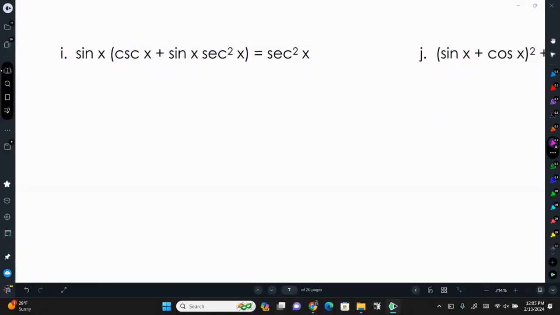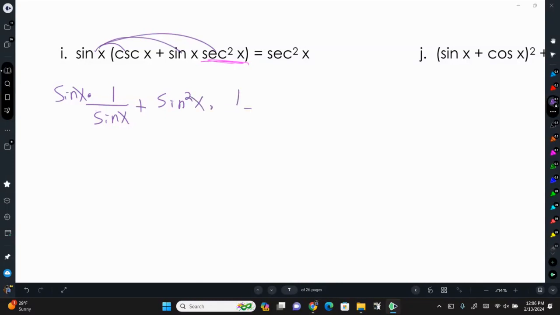All right, letter I. This one, the left side is more complicated, and I noticed that I need to get secant squared. And secant squared is already right here. I know that cosecant is 1 over sine. So what I'm going to do is distribute this in, but when I do that, I'm going to write cosecant as 1 over sine x, plus sine squared x times 1 over cosine squared x.